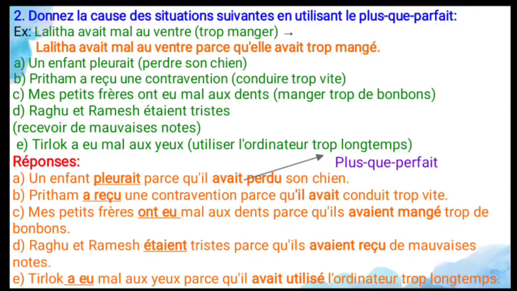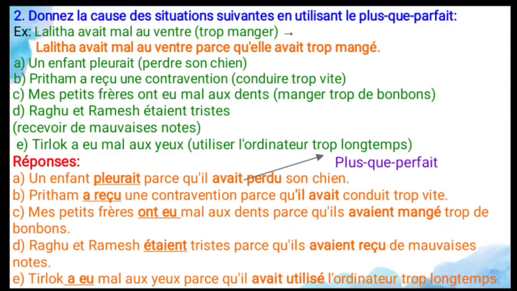So you have to make a sentence in past tense: one is past tense, another one is plus-que-parfait. Pritham a reçu une contravention parce qu'il. The Pritham subject is what? IL only, because he is masculine. So parce qu'il avait conduit. The conduire verb past participle is conduit. Why? Because it's an irregular one. So parce qu'il avait conduit trop vite. So Pritham received a contravention ticket because he had driven fast.